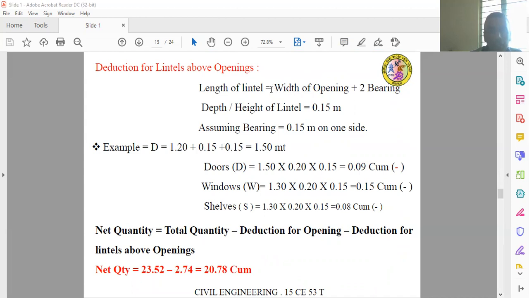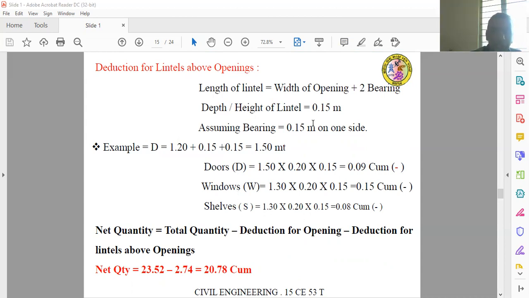The length of the lintel is equal to the width of the opening plus 2 bearings, and the depth of the lintel given in the diagram is 0.15 meter, assuming the bearing is 0.15 meter on both sides. For example, if the door opening is 1.2 meter, then you have to add 0.3 meter for the 2 bearings, and you will get 1.5 meter. Similarly, you have to calculate the quantities for the doors, windows and ventilators.